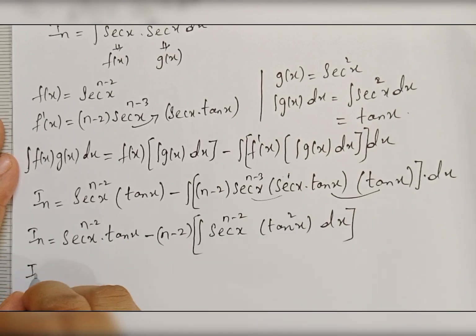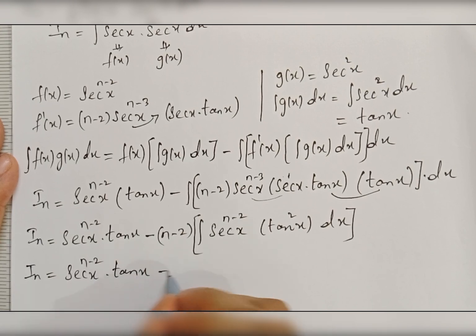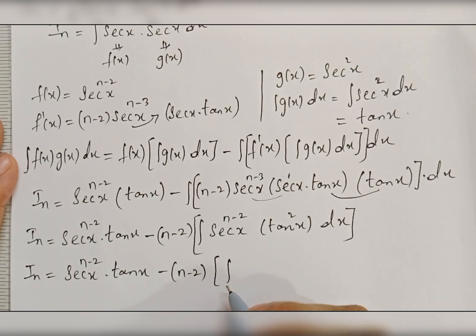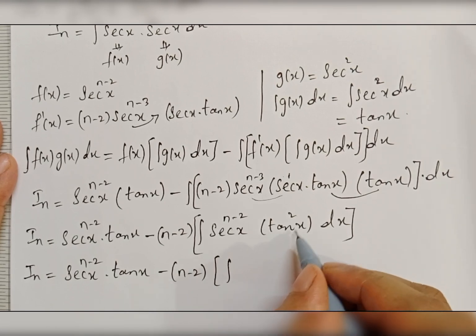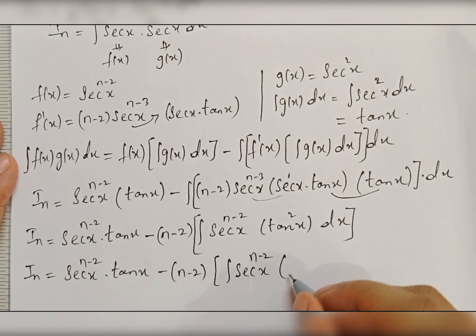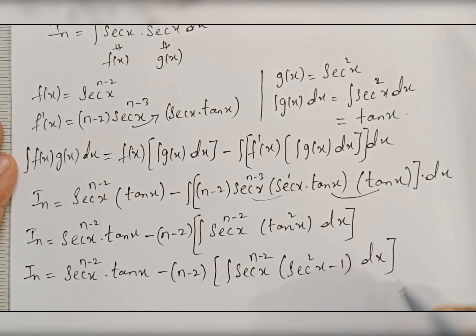Now write the value of tan square x, which is secant square x minus 1, so it is secant x power n minus 2 into secant square x minus 1 dx.